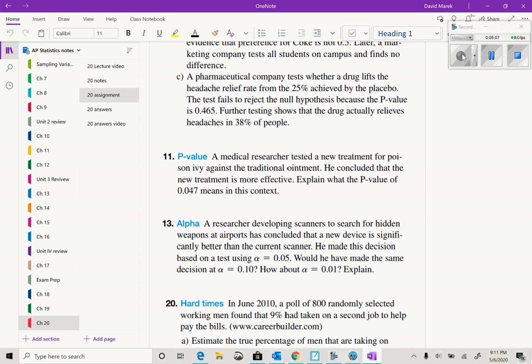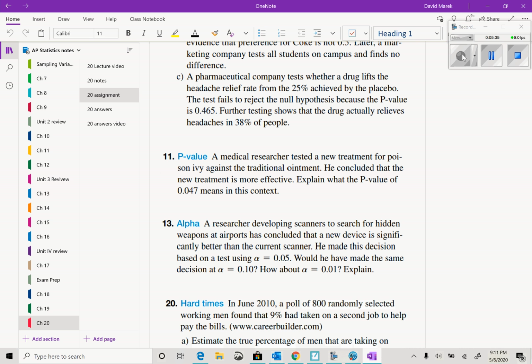So what does a p-value of 0.047 mean? Now again, we're saying here the new treatment is more effective. I'm presuming that they used a significance level of 0.05. This is less than 0.05. That's why they're reaching that conclusion. The new treatment is more effective. But what does that number itself really mean?